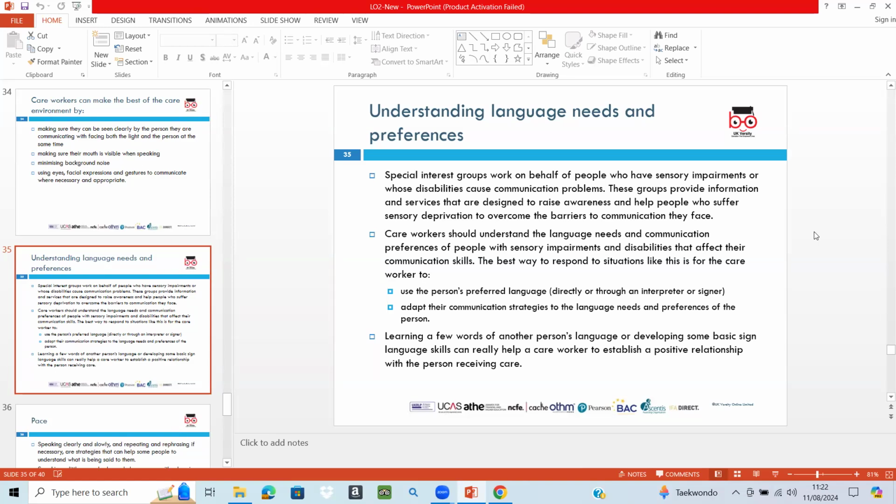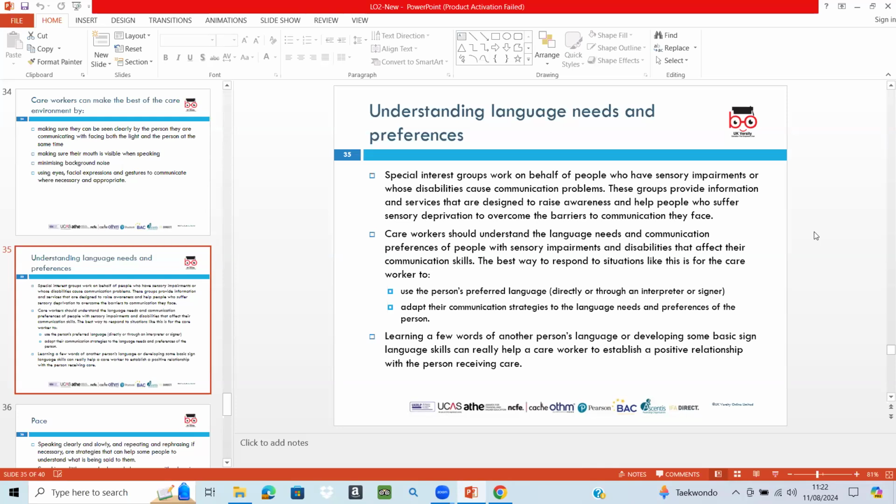Use their preferred language whenever possible: communicate with service users in their preferred language, either directly or through an interpreter. For example, if a service user speaks primarily Chinese or Mandarin, having a Mandarin speaking interpreter available can greatly enhance their understanding and their comfort.